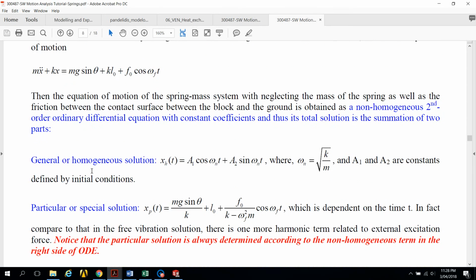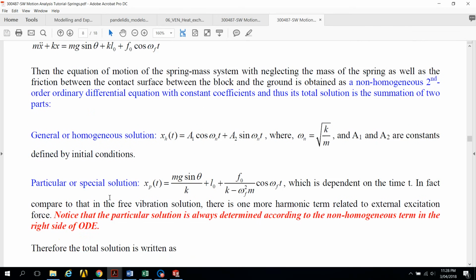So the general homogeneous solution x_h(t) is equal to A1 multiplied by cosine of omega n t plus A2 multiplied by sine of omega n t, where omega n is equal to the square root of k divided by m, and A1 and A2 are constants defined by the initial conditions.